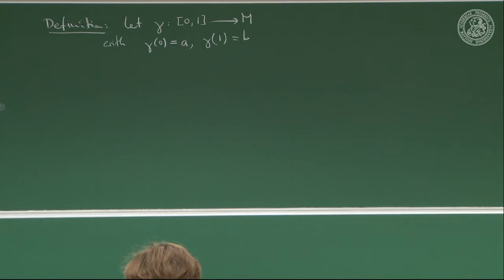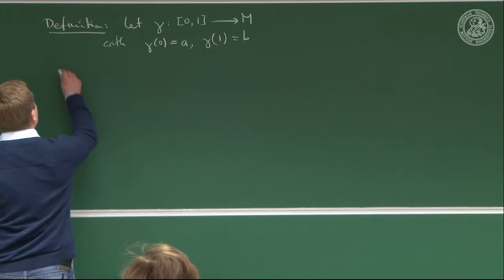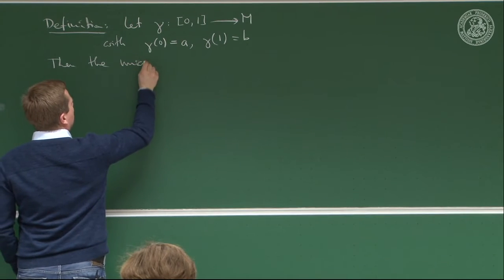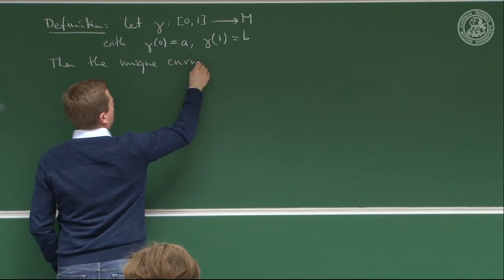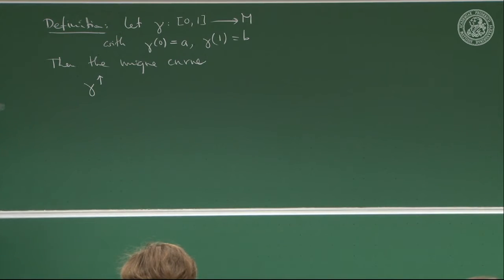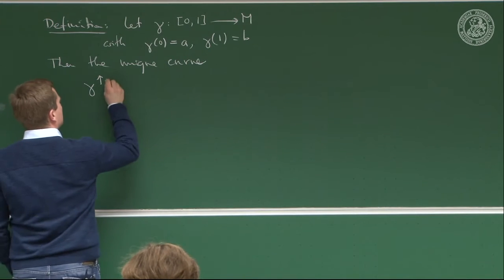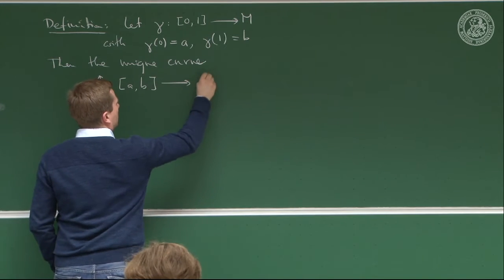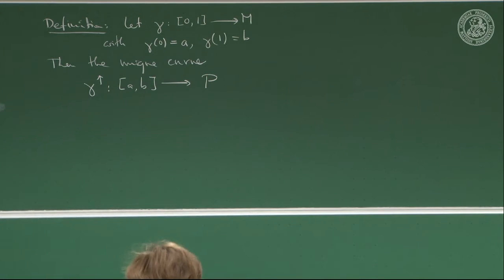Okay? Now, then the unique curve called gamma up arrow, which is now a curve from A to B into the principal bundle. Of course, this curve lives up here.